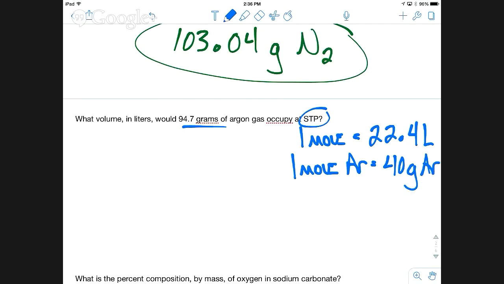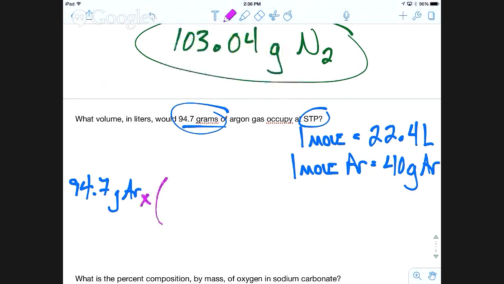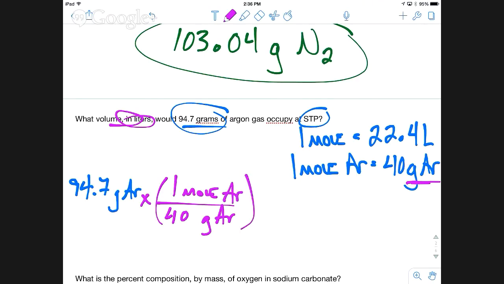grams of Ar. So I can put this all together and say, okay, let's start with the 94.7 grams of Ar that they gave me. And then I need to get it into liters. So the grams of Ar is going to have to go. And right here, I know 40 grams of Ar is 1 mole of Ar. So that gets rid of my grams, leaves me with moles.